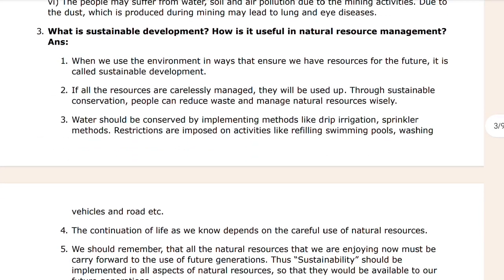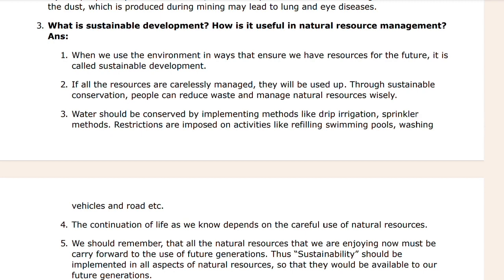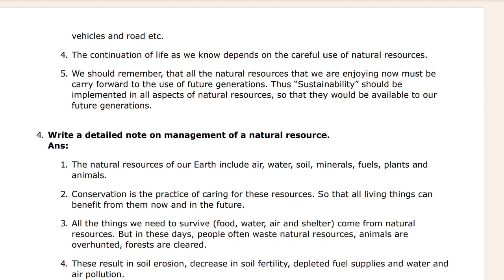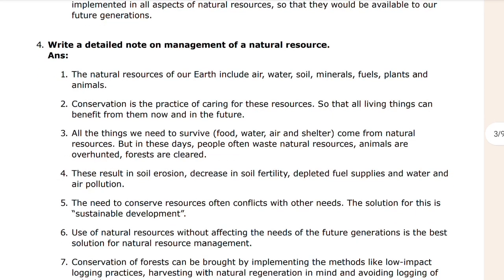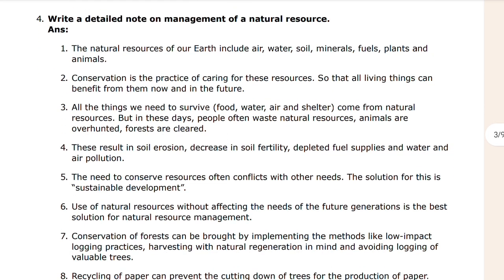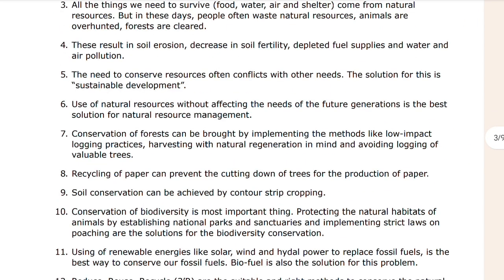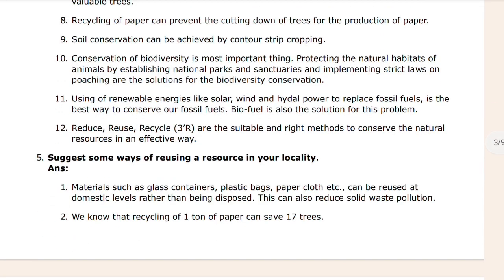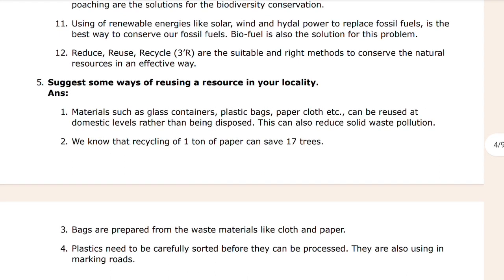Then here you can see: suggest some ways of reviving the organisms in your locality.